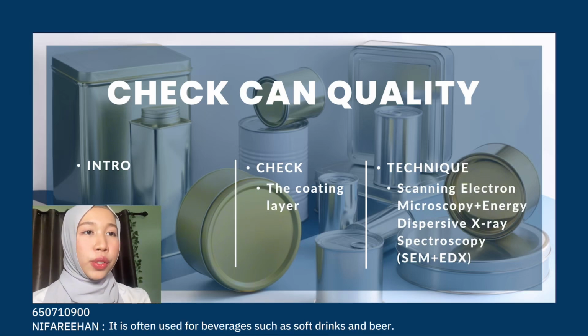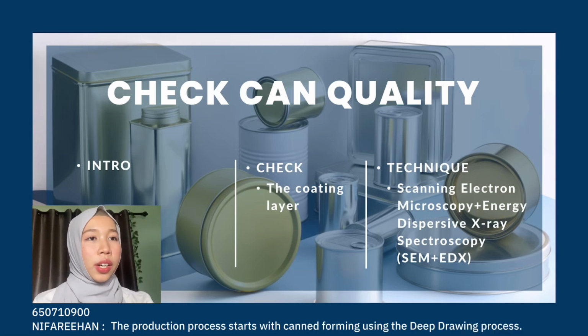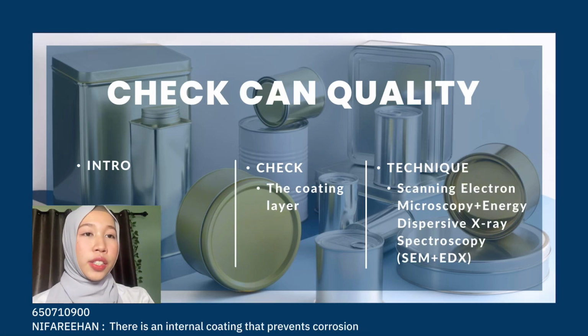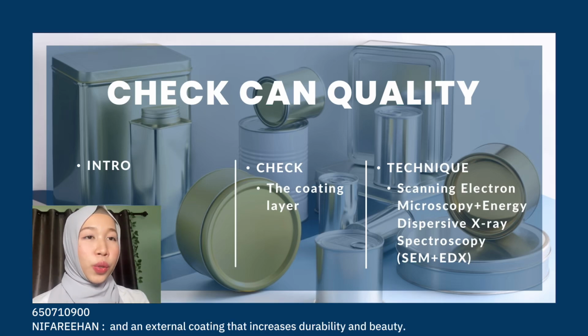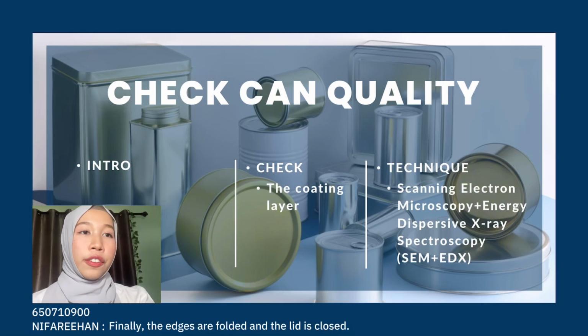It is often used for beverages such as soft drinks and beer. The production process starts with can forming using the deep drawing process. There is an internal coating that prevents corrosion and an external coating that increases durability and beauty. Finally, the edges are folded and the lid is closed.